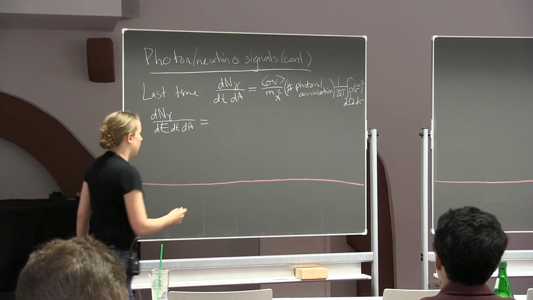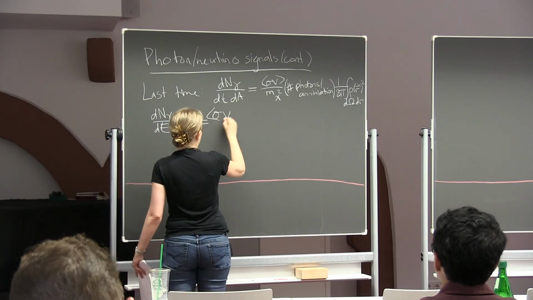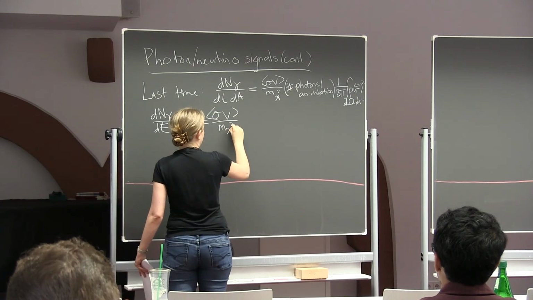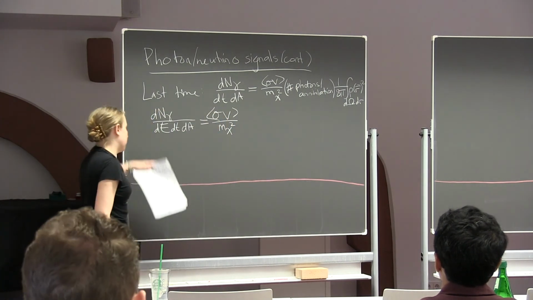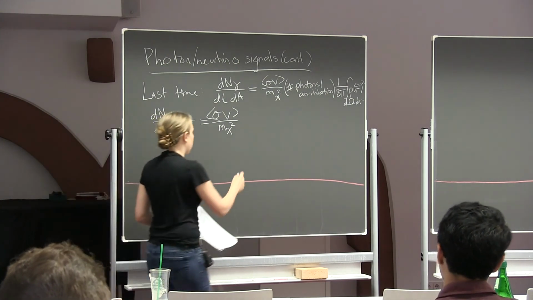So in this case, this expression, this number of photons per annihilation, just becomes number of photons at a given energy per annihilation.